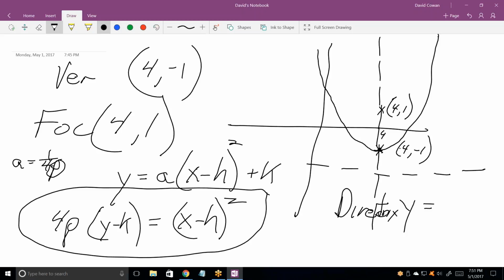In other words, the distance from there to there is the same as the distance from there to there. P is 2. You got P right because P is the distance from the vertex to the focus. And that's also 2. So the directrix would be y equals -3. It's 2 units down from the vertex.